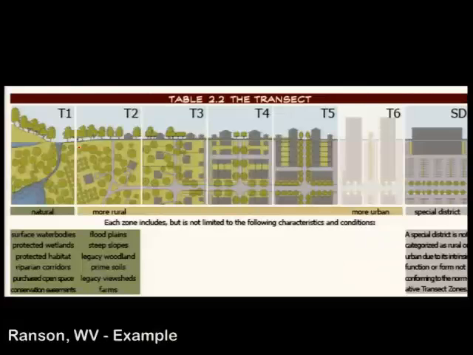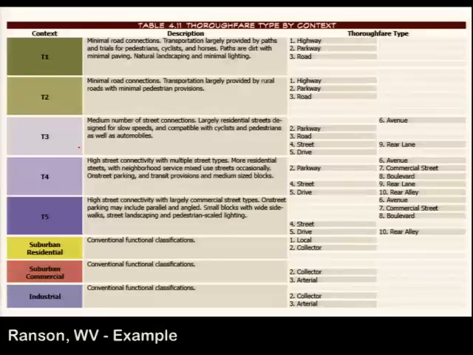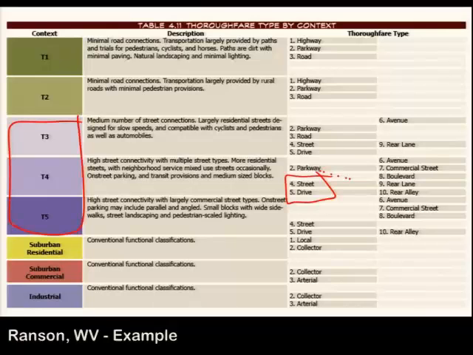There are the T-zones that are described within that comp plan and code. And then you can't see much of this, but there's a T3, 4, and 5. And Parkway Road can be used in T3. When you get to T4 and T5, it's all street and drive and avenue and commercial street.